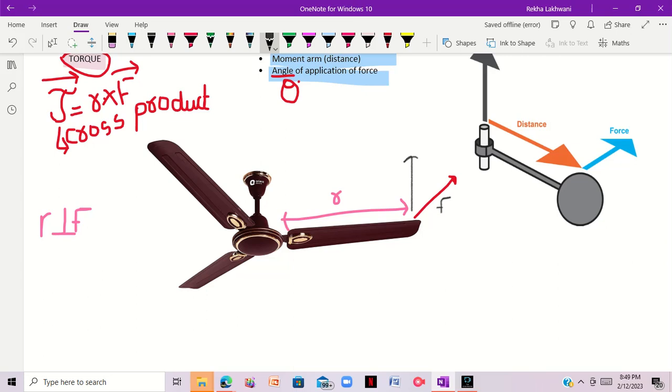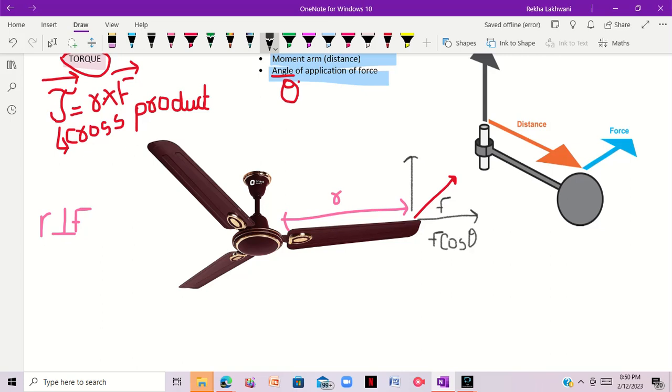As you know, there are two components of force, the vertical component and the horizontal component. I have applied force in this direction, so now there will be two components. The first one, the horizontal component, is known as F cos theta.